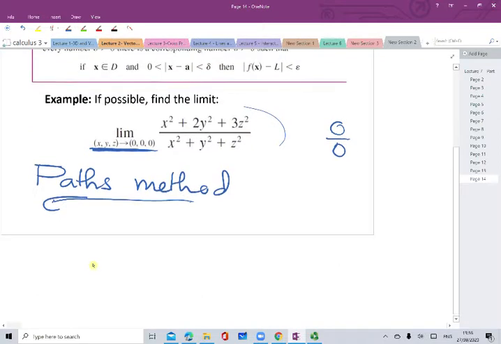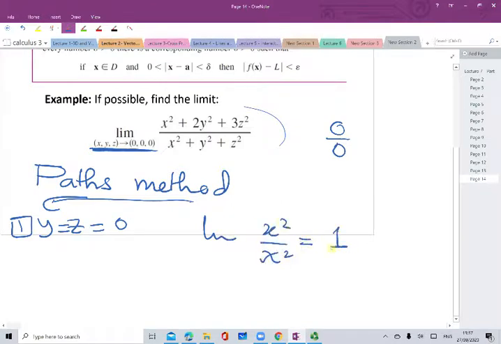If we took the simplest path, moving along the x-axis, then the y and z are equal to 0. This is the first path, and I'll end up with the limit of x squared over x squared. Simplifying, I'm going to end up with 1, as x tends to 0.